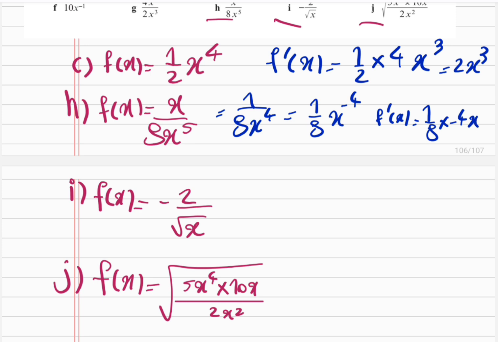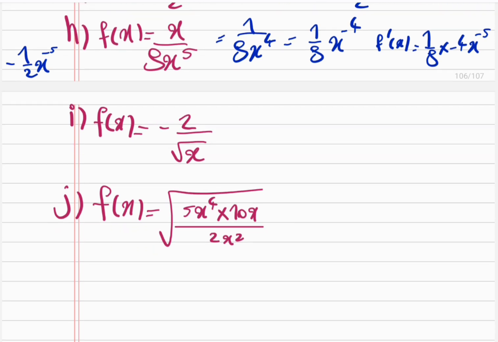Then we write down x, and then it's going to be minus 4 minus 1 for the power, which is minus 5. And yeah, so this can be simplified and written as minus a half times x to the power minus 5. So yeah, that's the derivative for h.